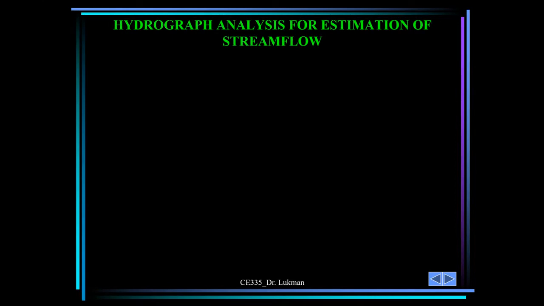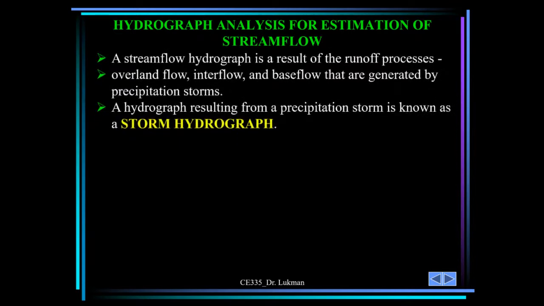So on the hydrograph analysis, estimation of stream flow. The stream flow hydrograph is a result of the runoff processes. This is very important: it is a result of the runoff processes, because the runoff will ultimately reach the stream and contribute to the stream flow hydrograph.